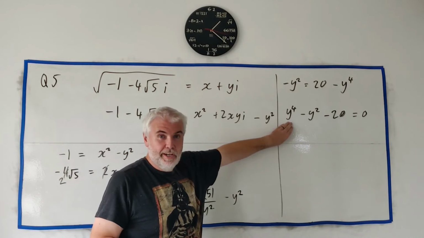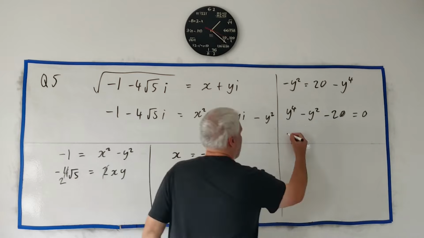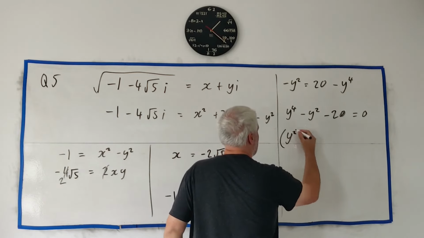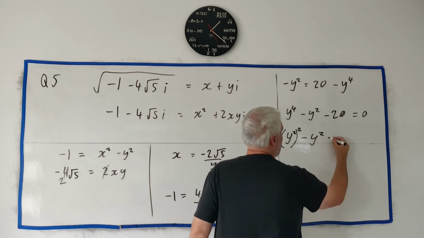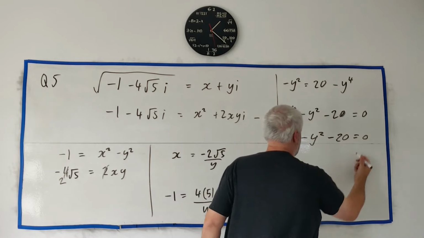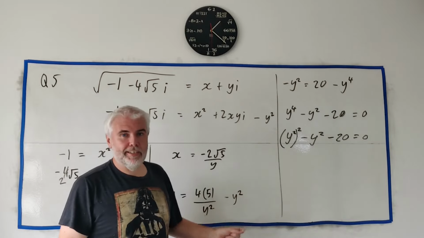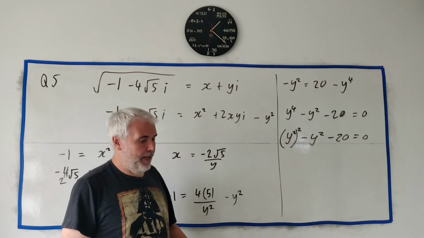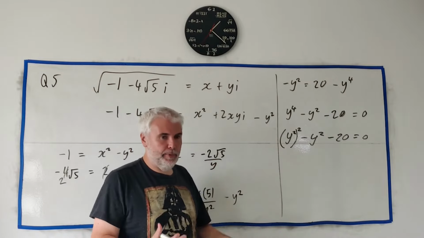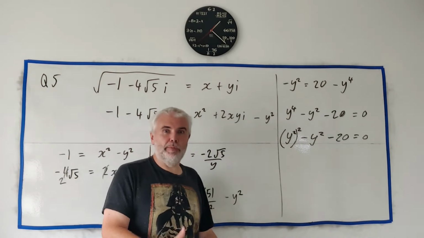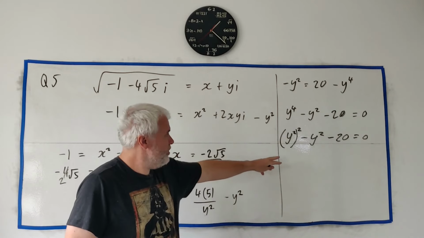So it's a quartic equation, but I can rewrite this as y squared squared minus y squared minus 20 equals 0. That's actually a quadratic equation with y squared being the variable in it. So let's try and solve that.